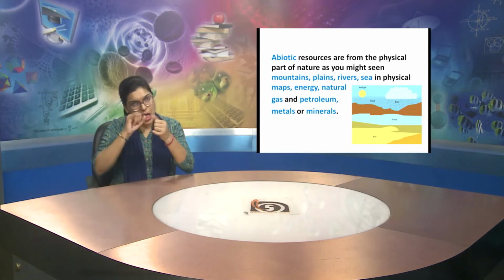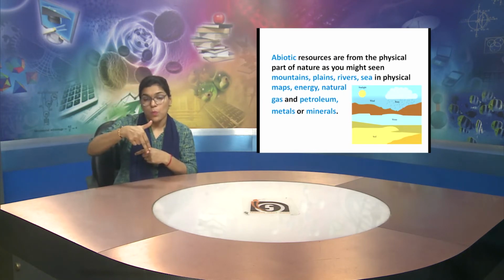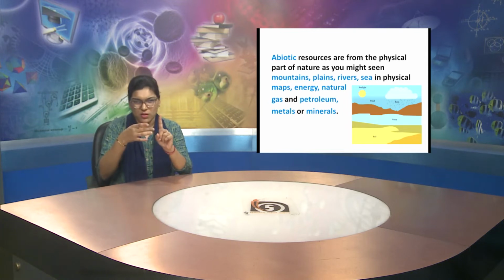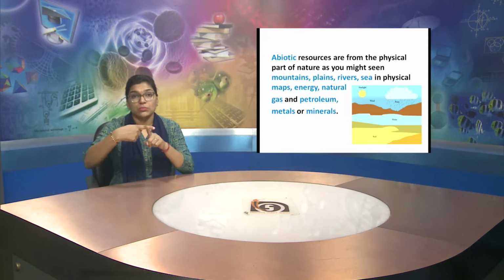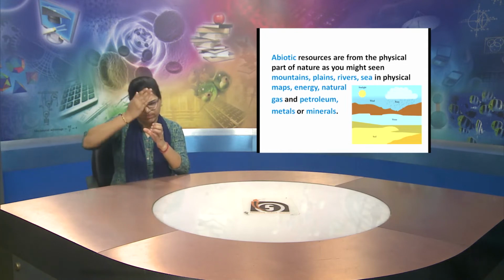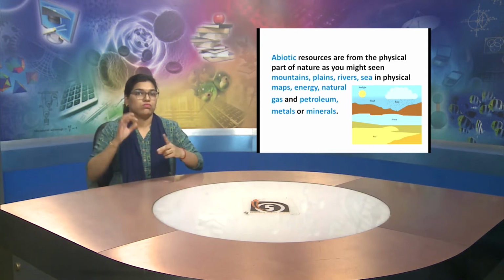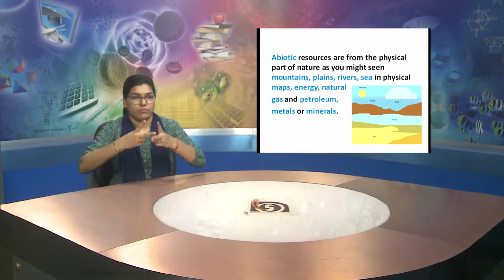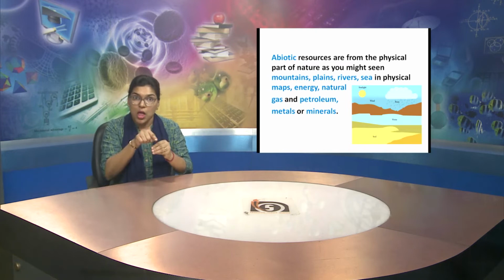As we cannot see the gas or the air, and the petrol, the soil, the metals, all these are the physical things which we can see and touch. So these are all abiotic resources.